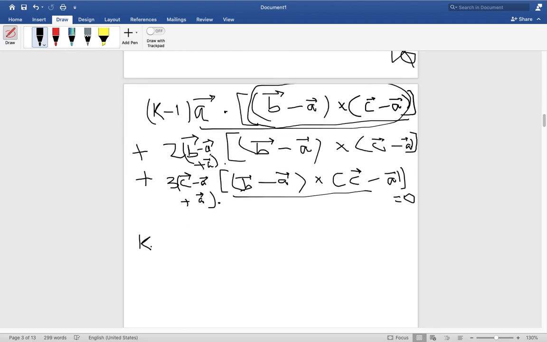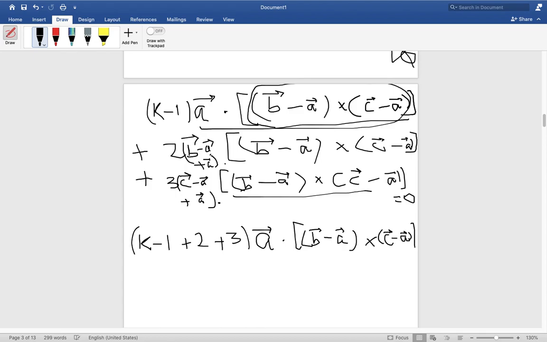So in the end I will be left with this k minus 1 plus 2a, so plus 2 plus 3 a dot b minus a cross c minus a is equal to 0.